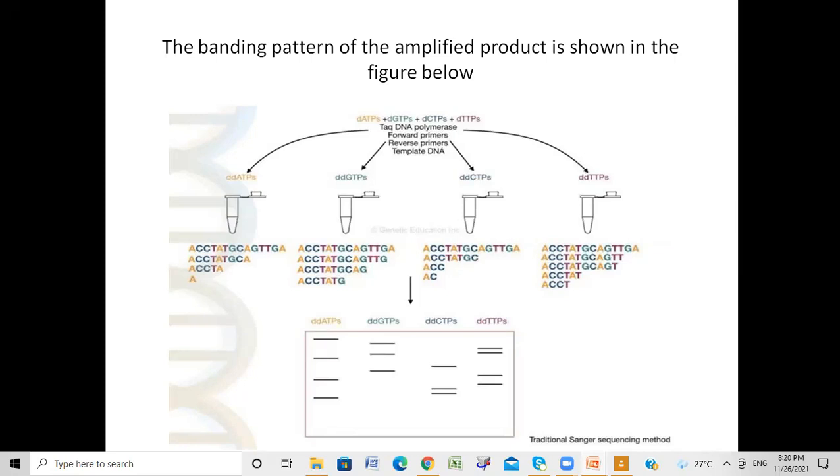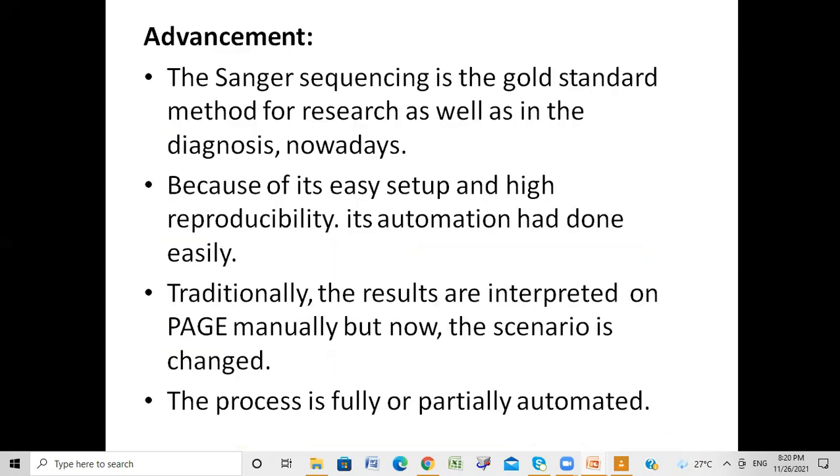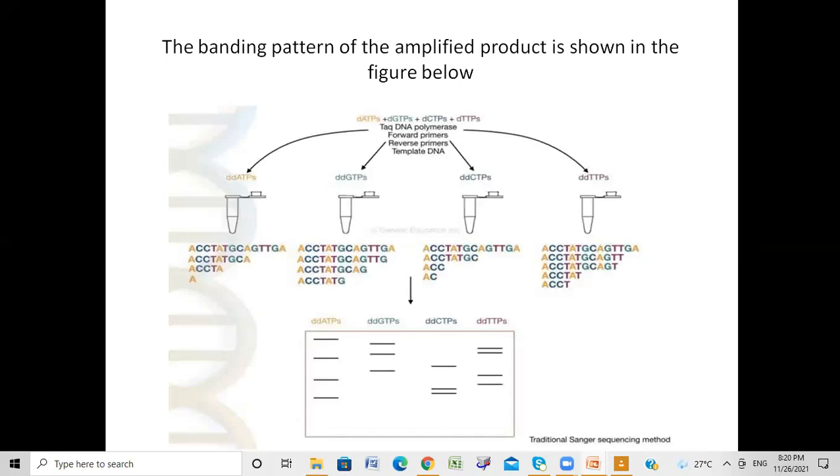So this is sometimes known as the Sanger classical method, the old method. When you look at this Sanger classical method, and again I told you, this is the foundation or pillar for many of the other DNA sequencing methods developed.